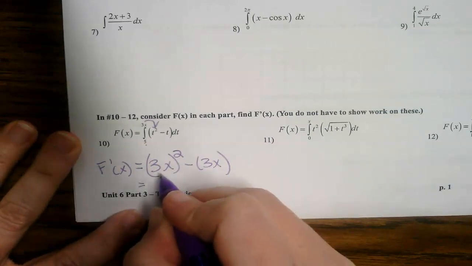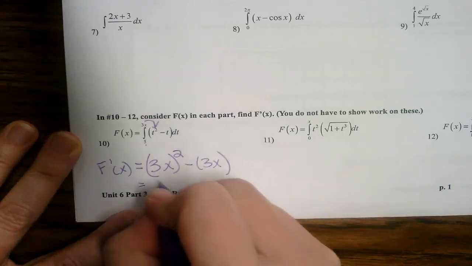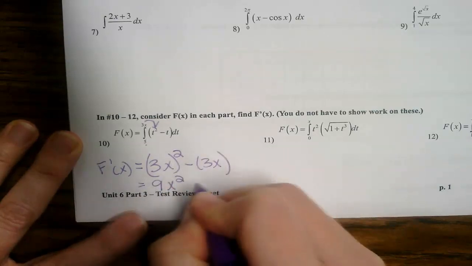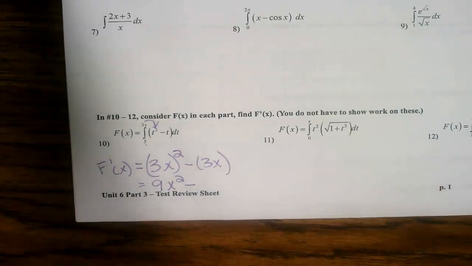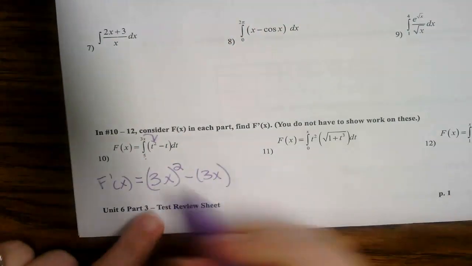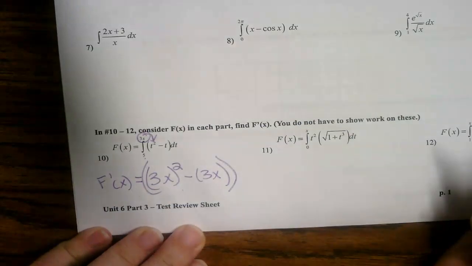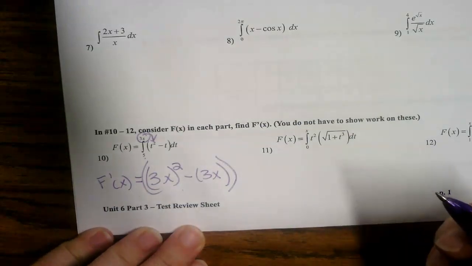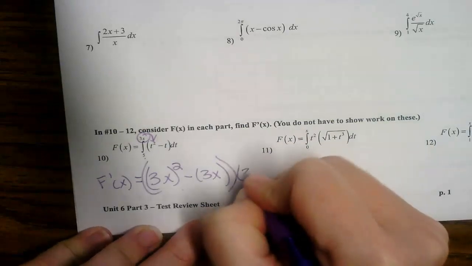So 3 squared is 9x squared minus, oops, I forgot one thing. This was what I wanted to show you the difference of. Hold on. I plugged in my function, but whenever this is a function, I also have to multiply it times the derivative of that. So the derivative of this is just 3.